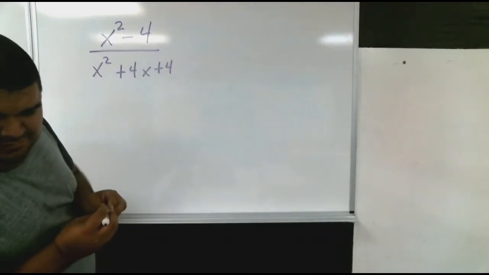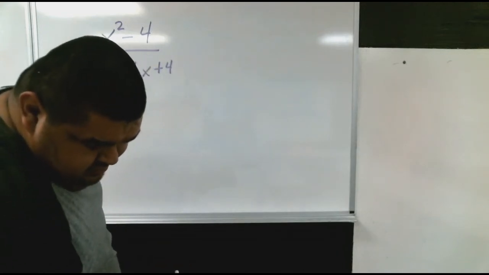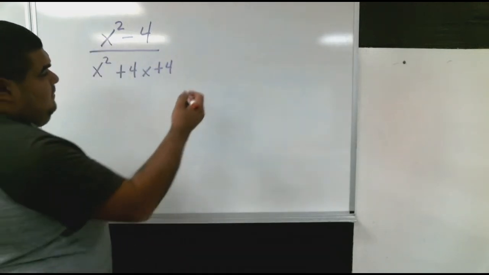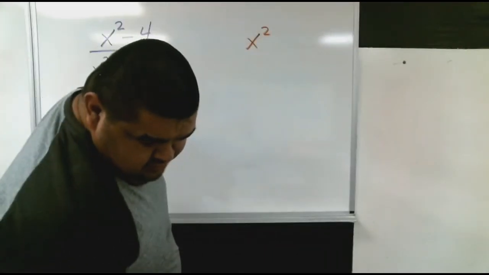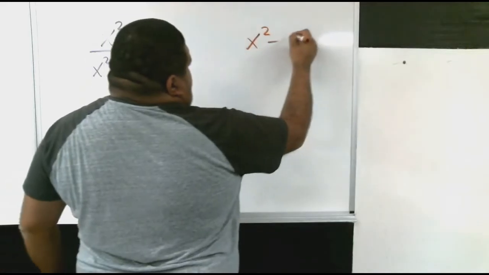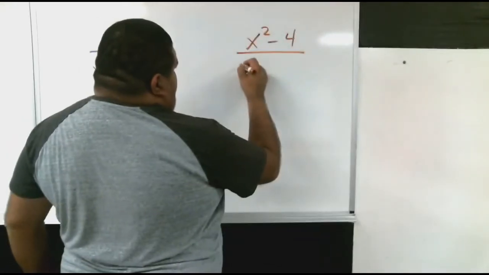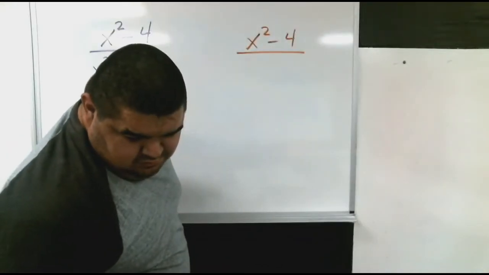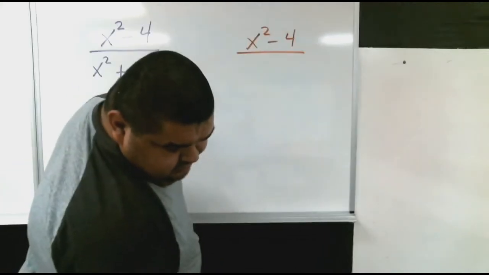Your second one is x squared minus 4 over, let's do this.